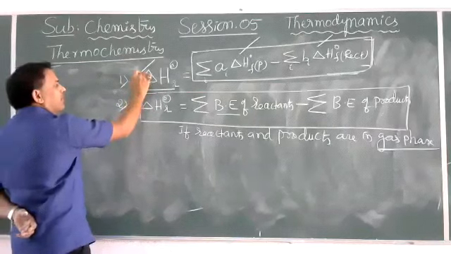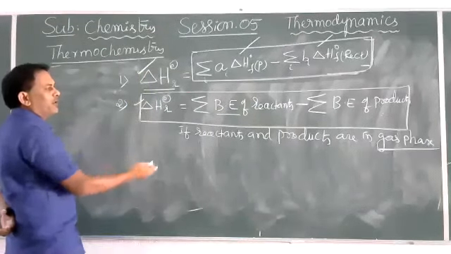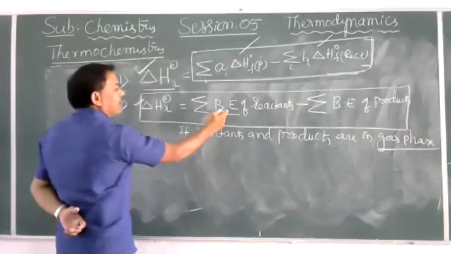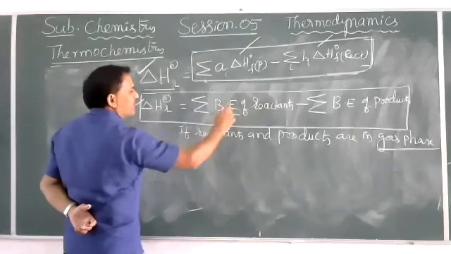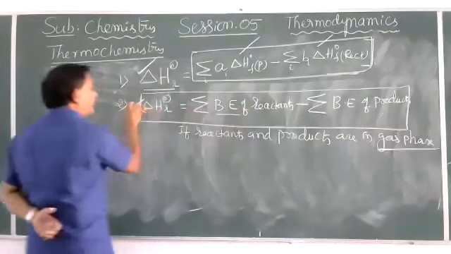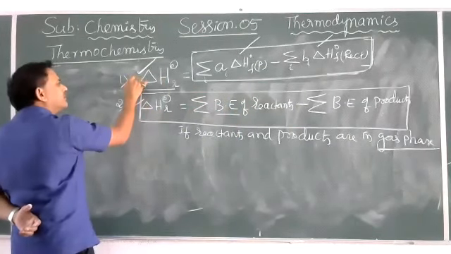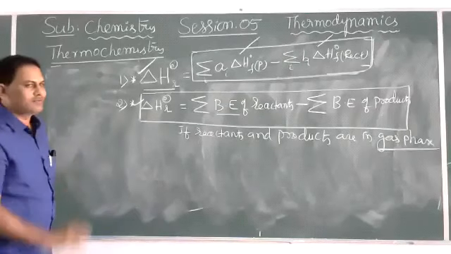While doing problems, these are very, very important to calculate enthalpy of reaction and enthalpy of formation. If they give the bond enthalpies of reactants and products, here we use reactants minus products. Very, very important relations. Already 2 to 3 problems have been given based on these two important formulae.